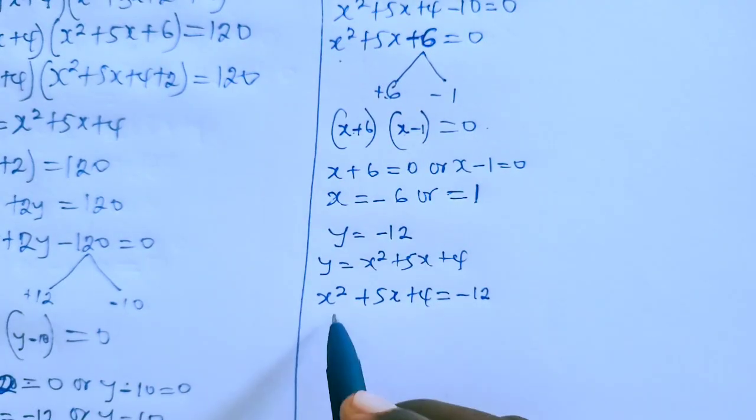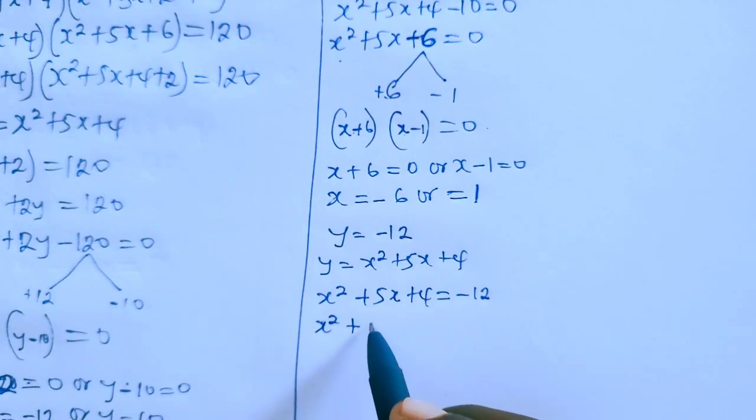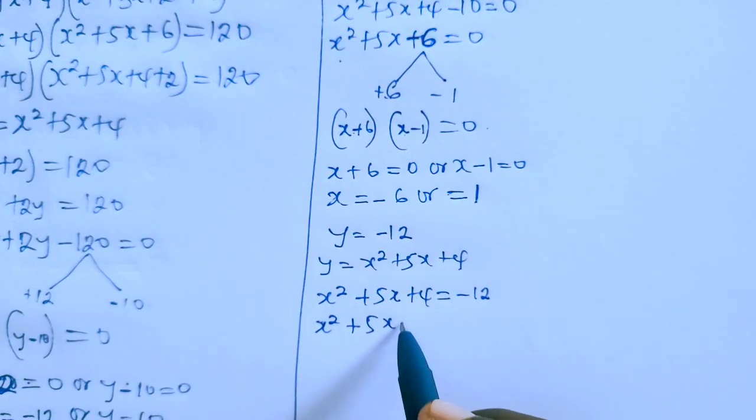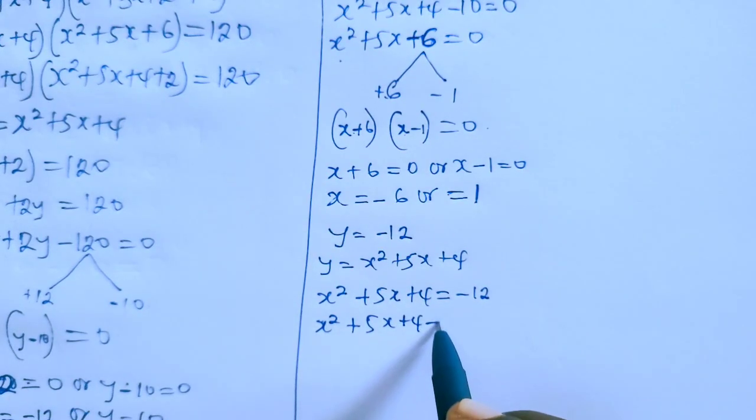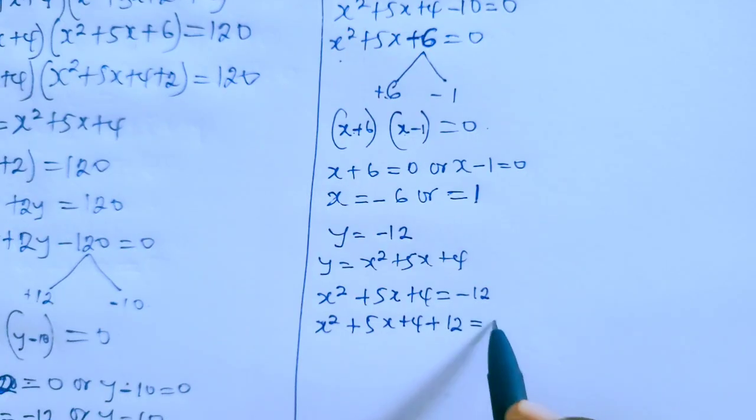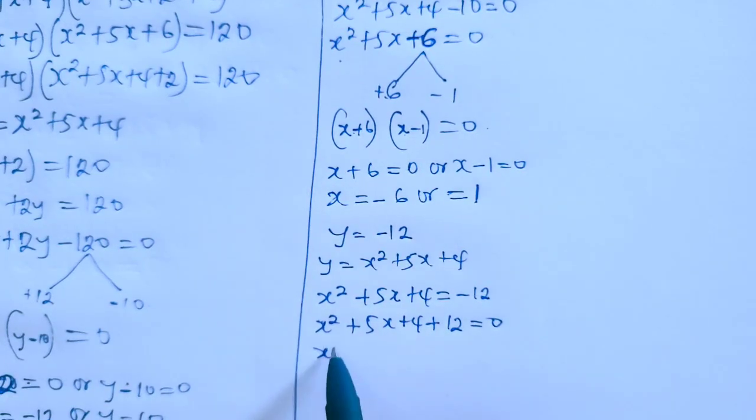To bring 12 in, we have x squared plus 5x plus 4 plus 12 equals 0. Therefore, the equation becomes x squared plus 5x, and 4 plus 12 gives us 16, equals 0. Now, the factorization method will not work here.